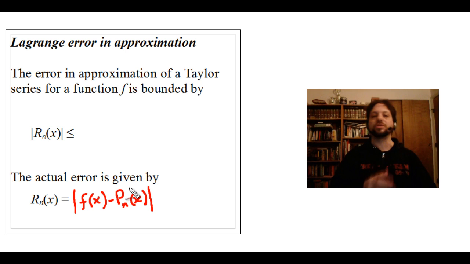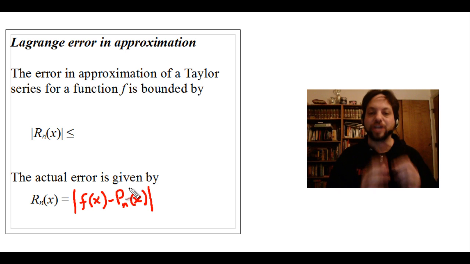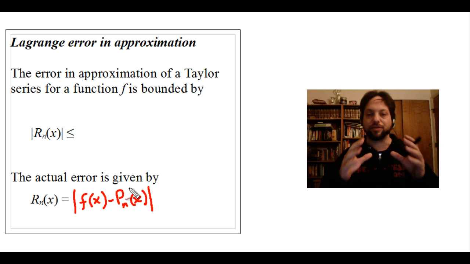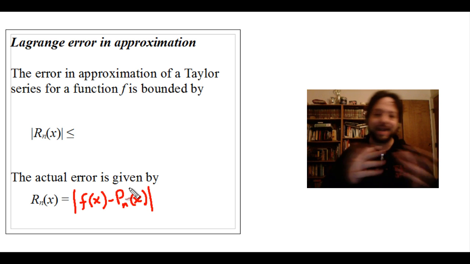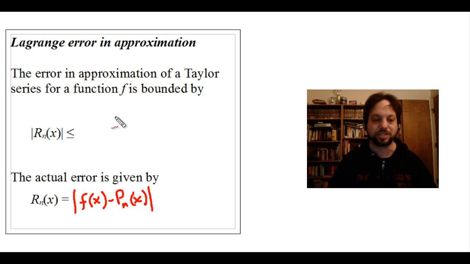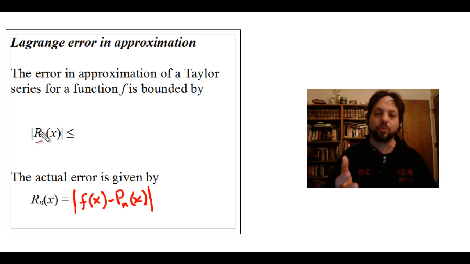And so what I'm going to do is show you what's called the Lagrange error bound. This formula is going to tell us the maximum amount of error at any value x equals c. And we're going to call that the magnitude of the error. The R in this case stands for remainder, but we can just call that error without any loss of generality.